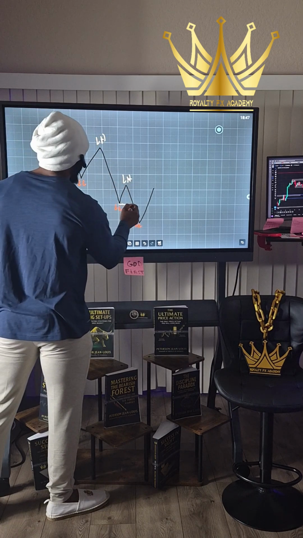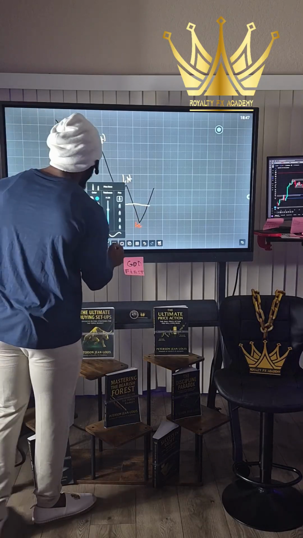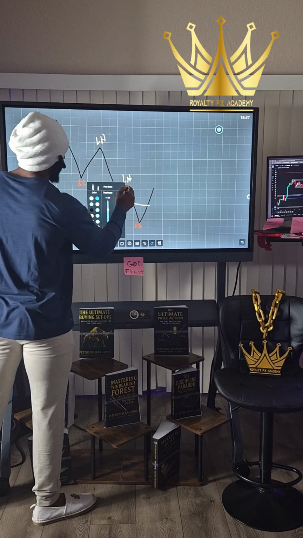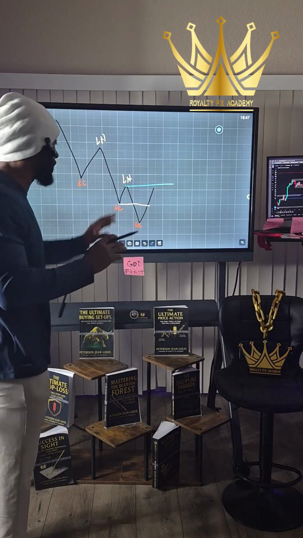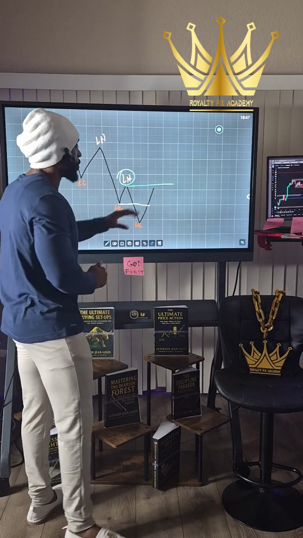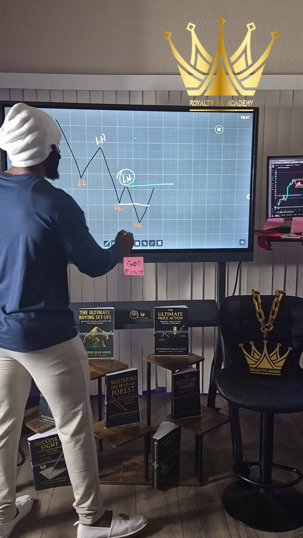Sometimes it will go past the previous low point to go back to the previous lower high. At this point, again, we are still in a selling market. This high has to be broken and retested for us to get a trend reversal. Okay. But we are still in the selling market.